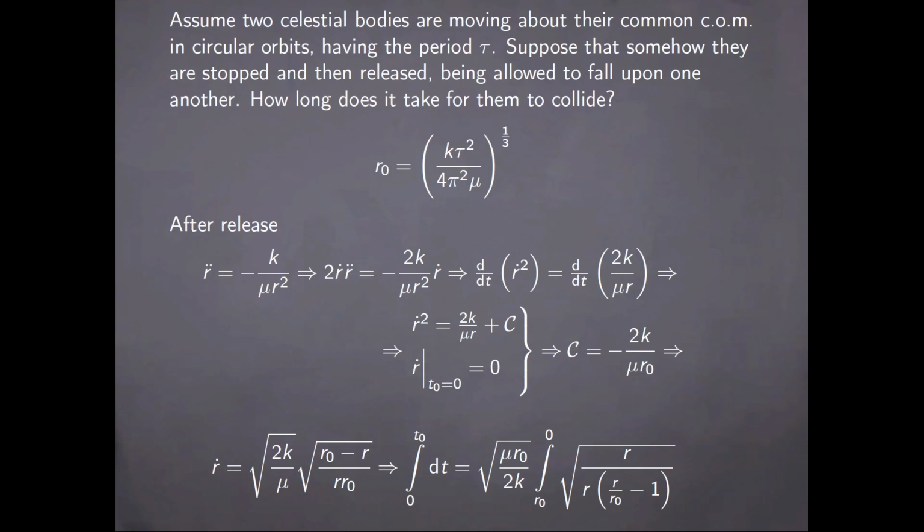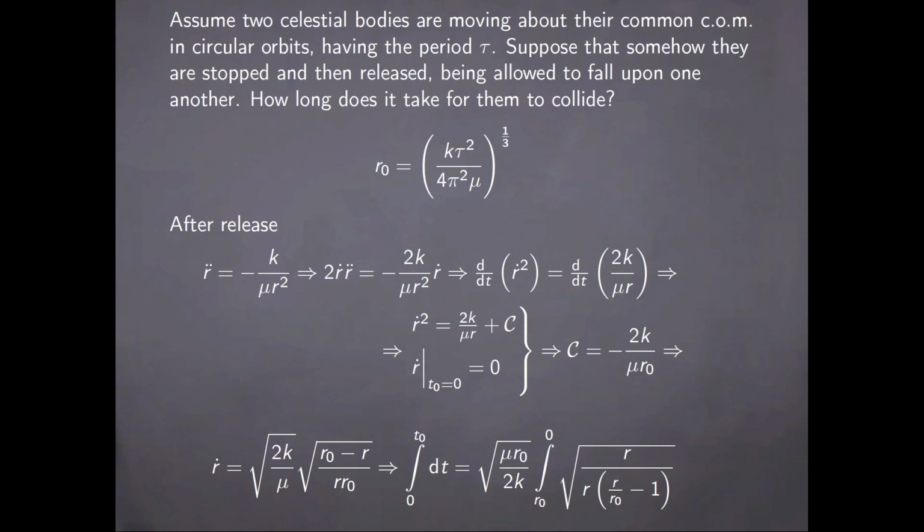Then after release, the two bodies will no longer possess any kind of angular motion, so they will fall upon one another by virtue of Newton's second law. And we know how to integrate such expressions, as we have used very similar methods in the past.